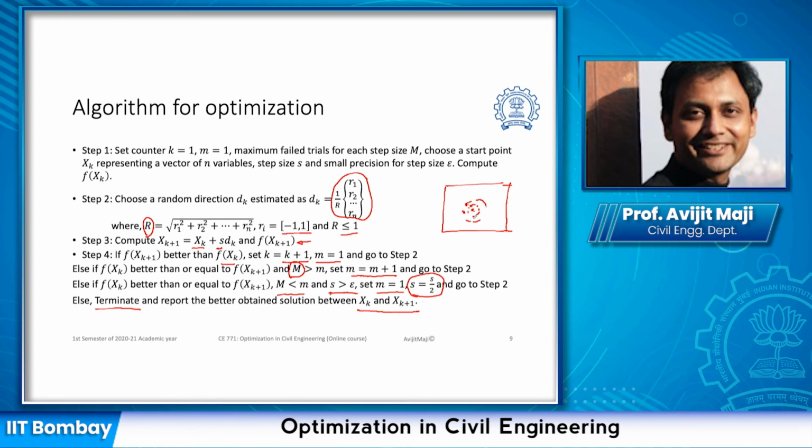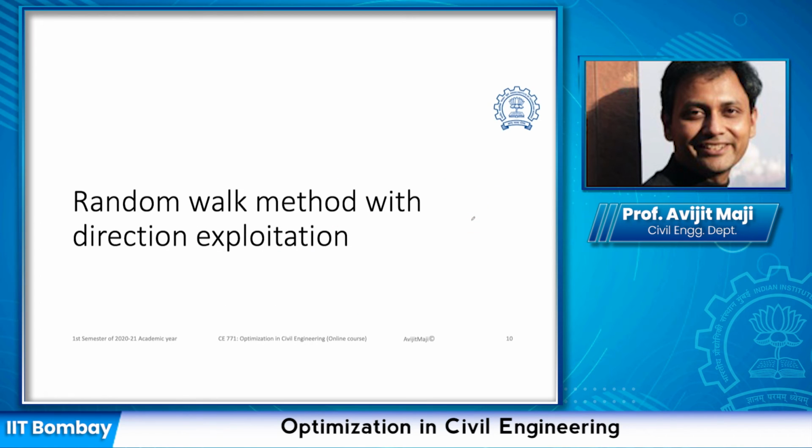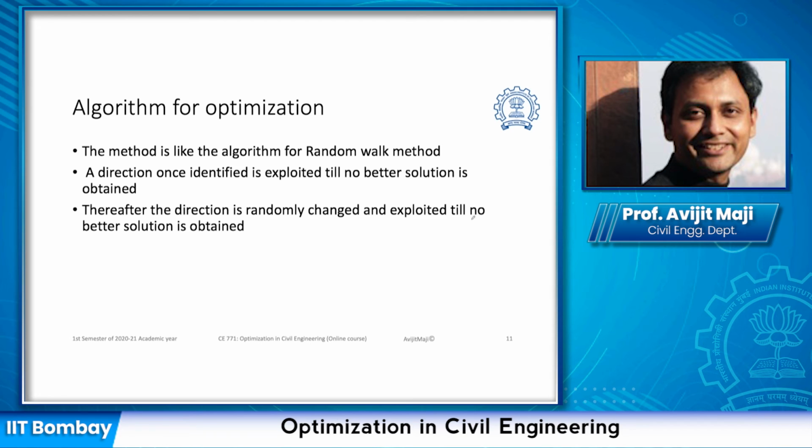So an improved algorithm for this is the random walk method with direction exploitation. Once we find out that in a certain direction we have a better solution, we try to go as much as possible in that direction until no further better solution is obtained.